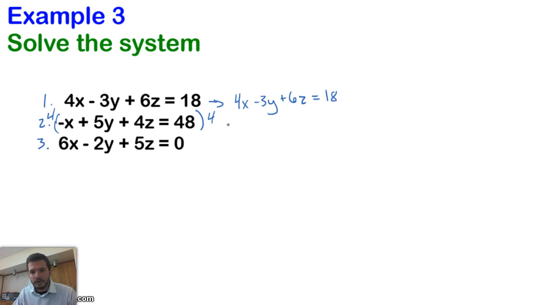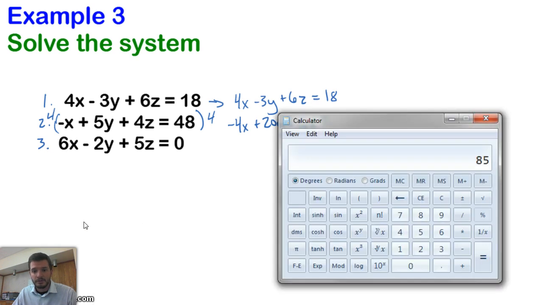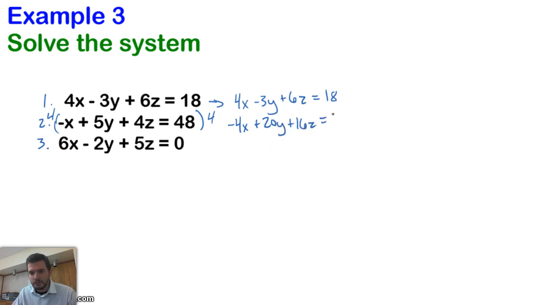It'll be negative 4x plus 20y plus 16z. And I have no idea what 48 times 4 is, so we're going to grab our calculator. 48 times 4 is 192. So there you have it, 1 and 2 just turned into an equation that we can work with.